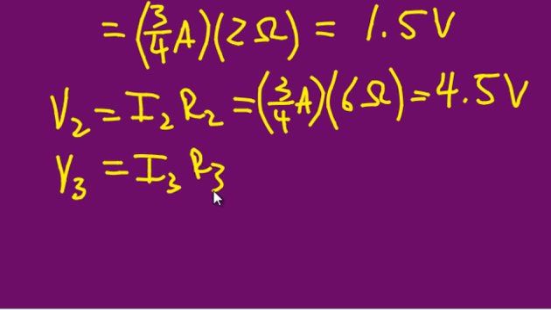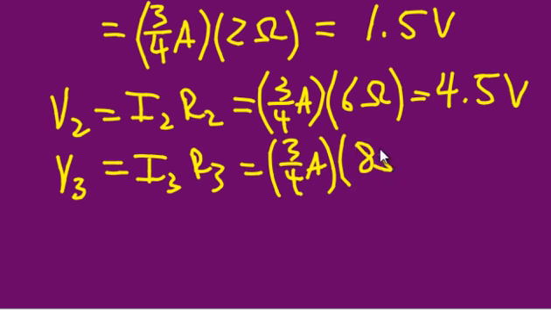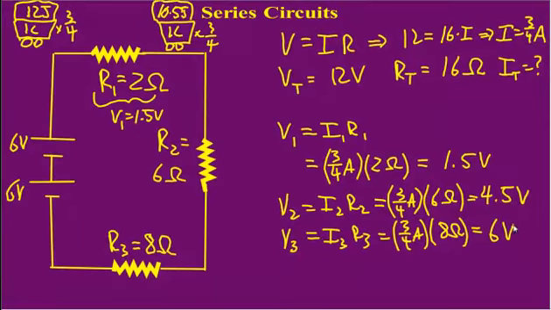Okay, and then we'll have all those numbers. And then we can finish with the coal mine analogy. So this is 24 divided by, this is actually 6 volts. Okay, so those are your voltage drops across each of these 3 resistors, to how much coal is used, so to speak, right? So this is V2 equals 4.5, and this is V3 equals 6.